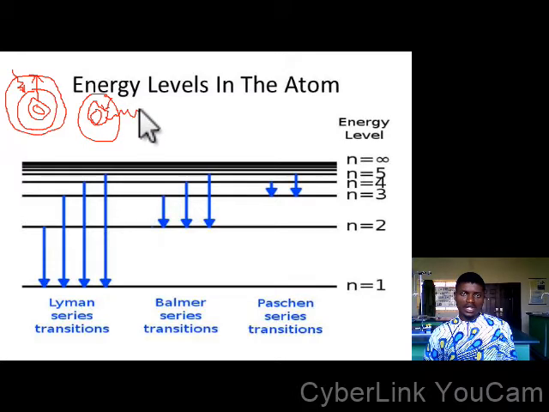In this case, the electron loses energy, and so it emits a photon of light of hf, where h is Planck's constant and f is the frequency of the photon of light emitted. And so this diagram, from higher energy to a lower energy, is what you see here.